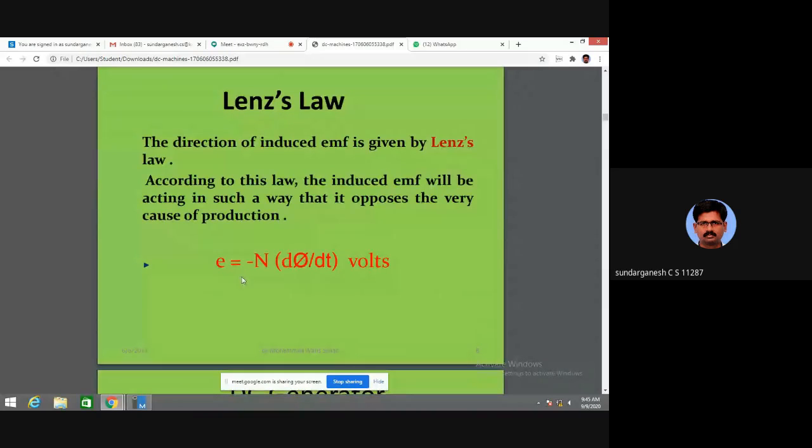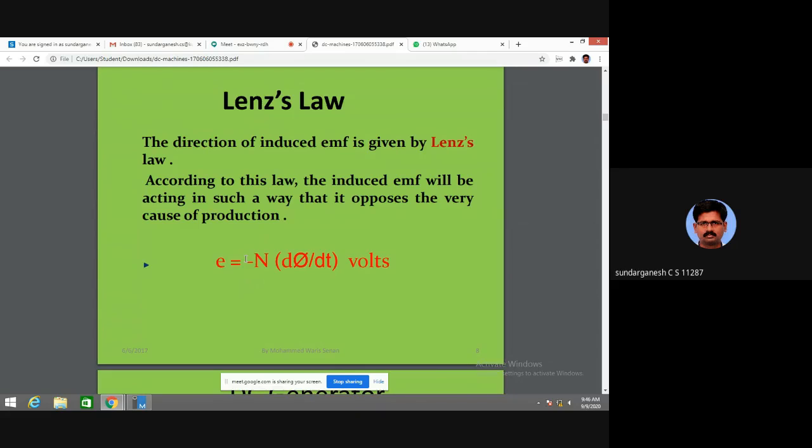So E equals minus N dφ/dt. The minus indicates that it is opposite to the applied voltage. It is not negative one; it is opposite to the applied voltage. That is why we put minus here. N means the number of turns, dφ/dt is the rate of change of flux, where φ means flux, with respect to time.